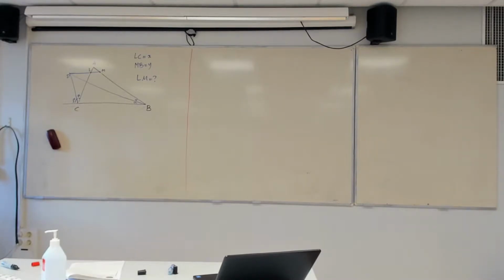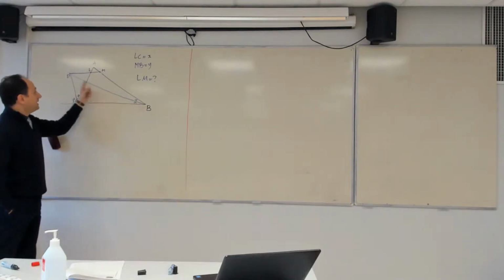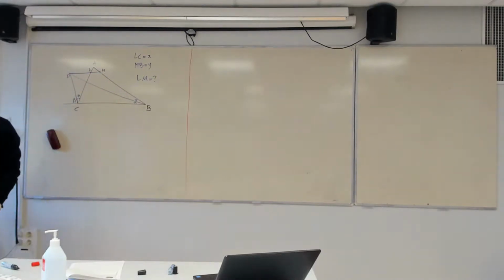It's a very good picture because it is not to scale at all. And then you need to discover the logic behind that. So what I am claiming, and I want you to prove it for me: if I haven't made any mistakes, I would say that triangle DMB is an isosceles triangle.